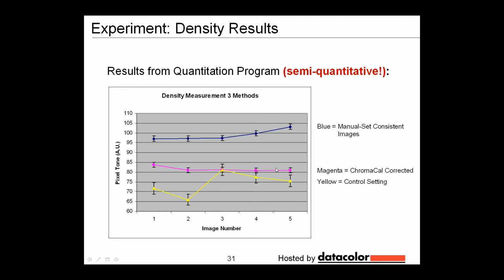And again, you can see that the ChromaCal corrected images produced very little variability from image to image, and slightly less variability than those that were set consistently with histogram matching in Photoshop.